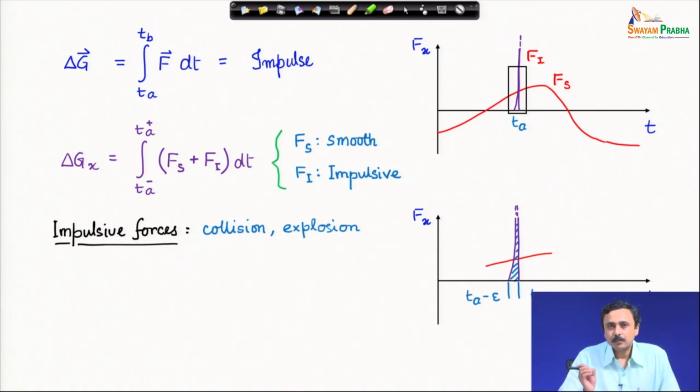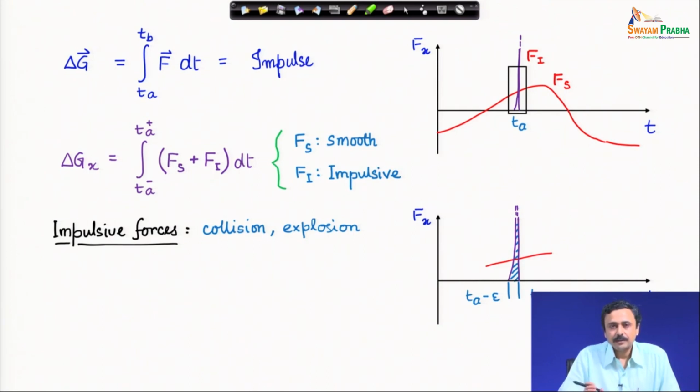The time of contact is very short, but that can change the momentum of the ball or the puck. Similarly in an explosion, you have very short-lived forces which are very high. The force magnitude is extremely high, but acting for a very short time. Such forces are called impulsive forces.